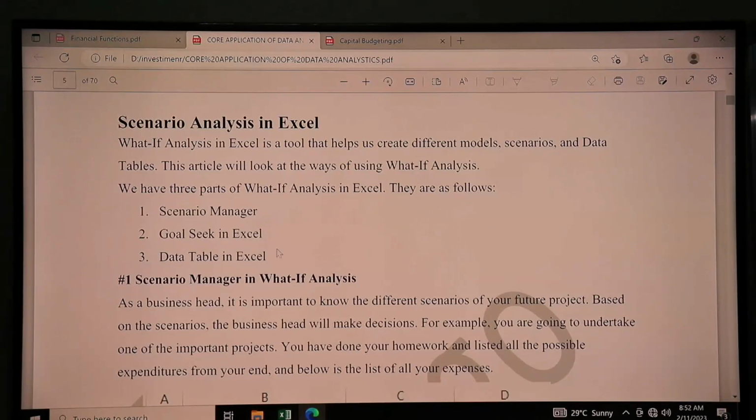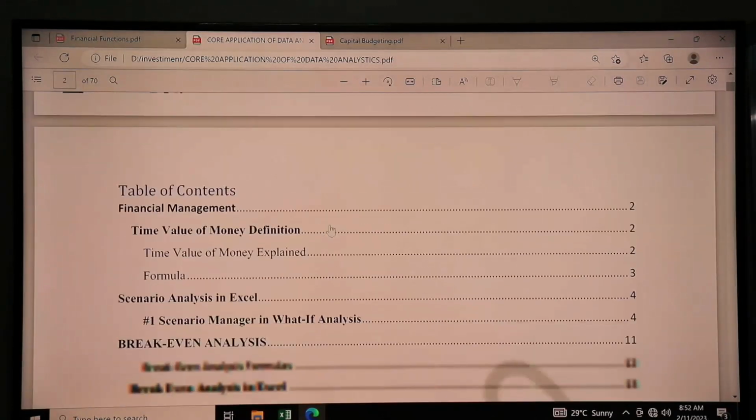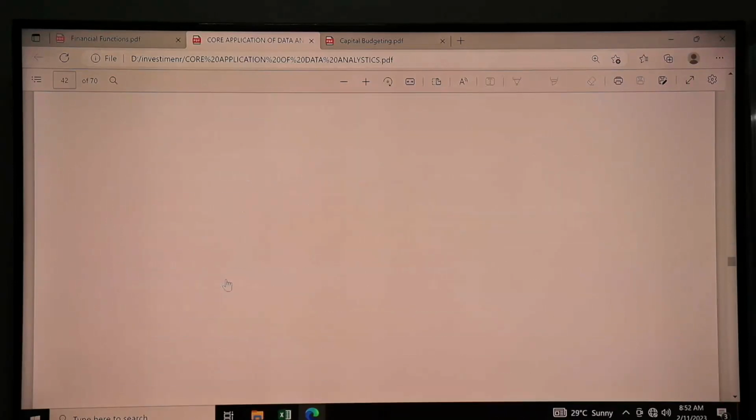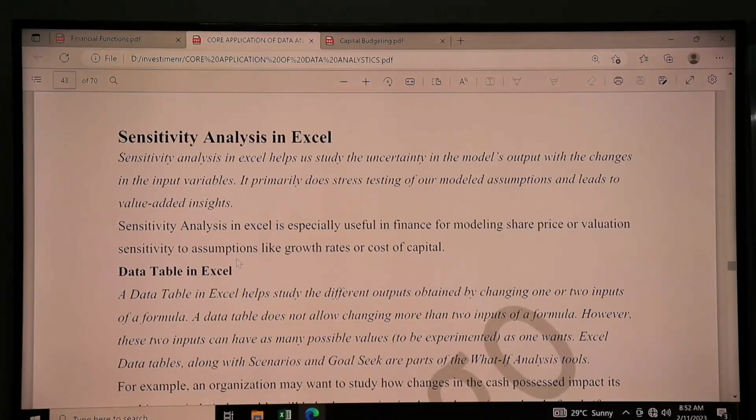Sensitivity analysis is actually a way of risk management. When you are evaluating a project, you can use the data tables to evaluate which project is risky to get involved in, or which option is actually better, why not choose this and choose the other.